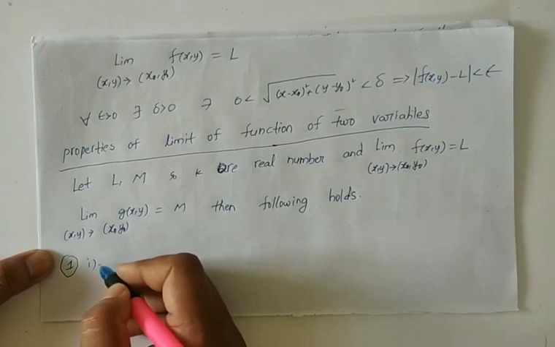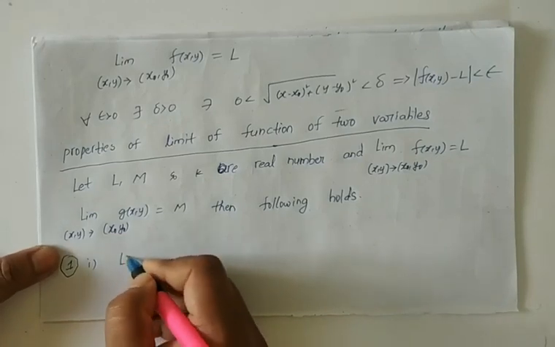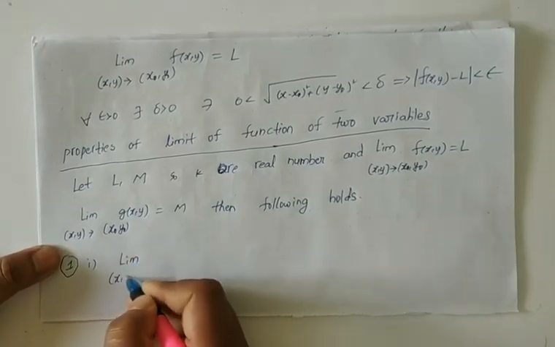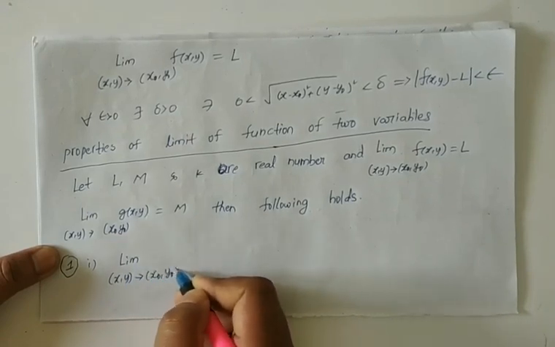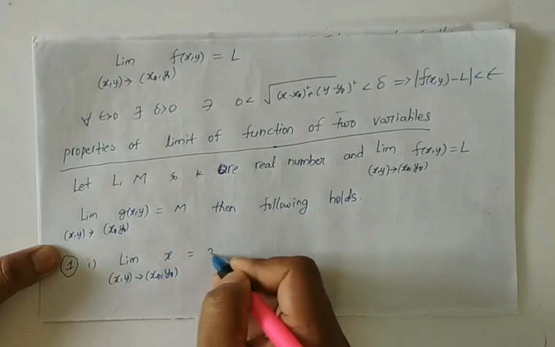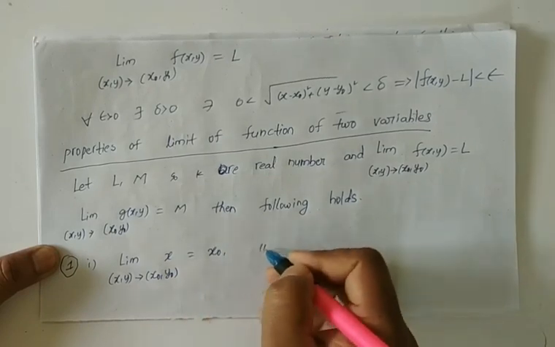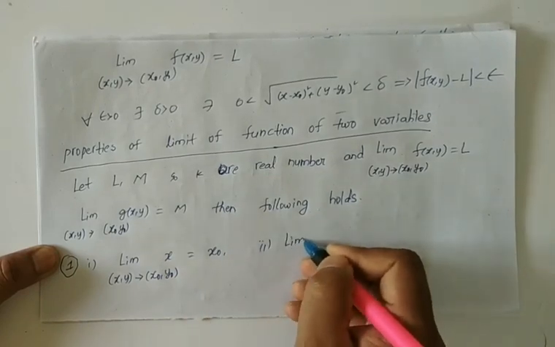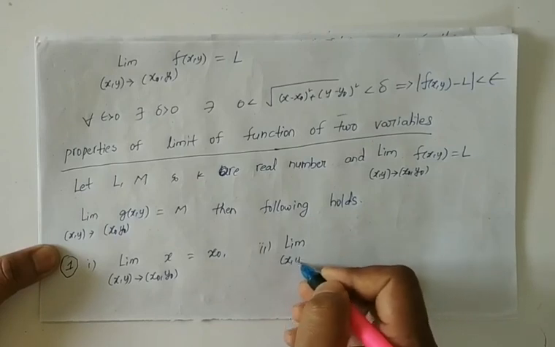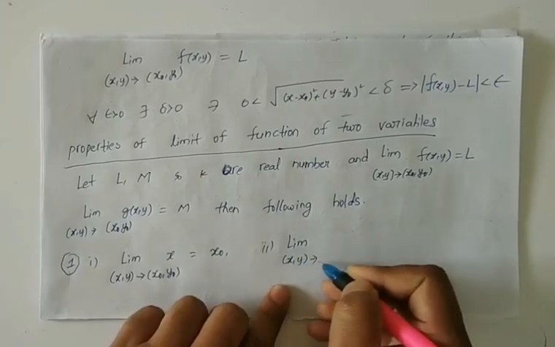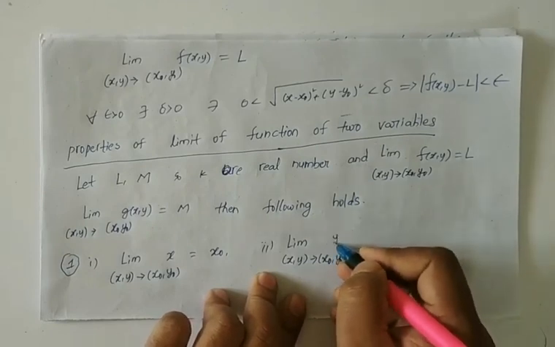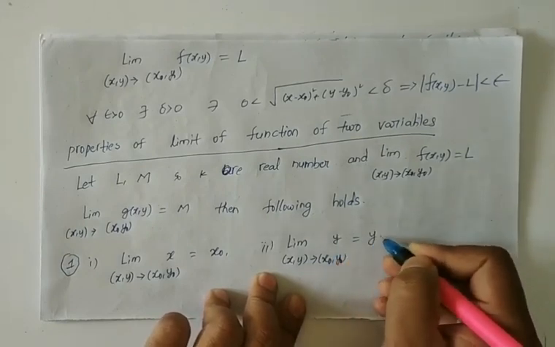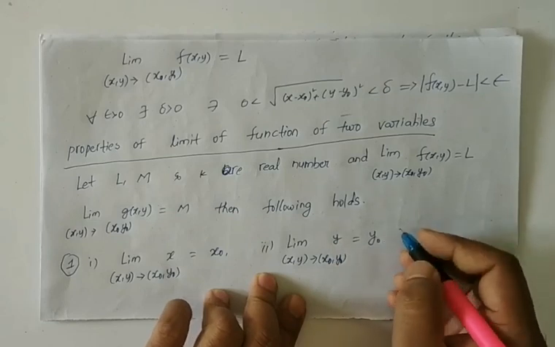First one, the limit as x comma y approaches x naught y naught of x is equal to x naught. Second one, the limit as x comma y approaches x naught y naught of y is equal to y naught.